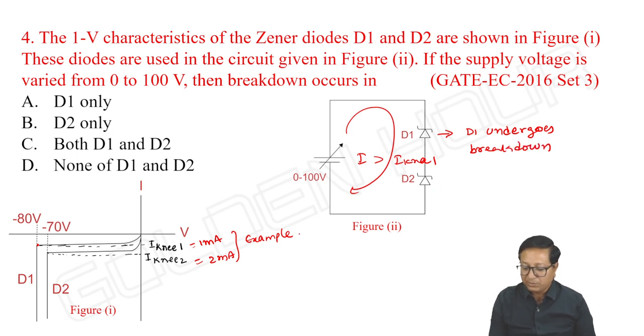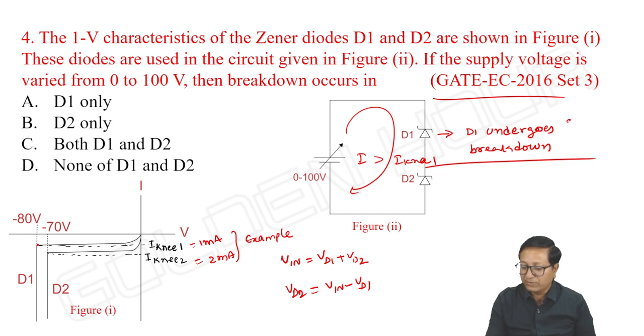And what about D2? We know here V input is equal to VD1 plus VD2, so VD2 is equal to V in minus VD1. VD1 is 80 volts, and VD2 is V in minus 80.